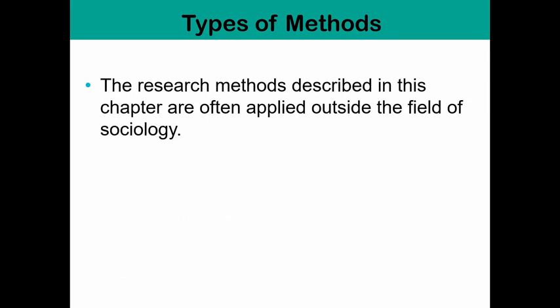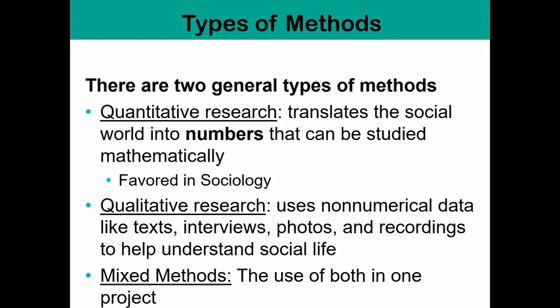The research methods described in this chapter are often applied outside the field of sociology. I just want to mention that because sometimes psychologists use these methods, sometimes anthropologists use these methods, economists use these methods. I've known English professors who study English literature to use some of these methods, which I find intriguing.